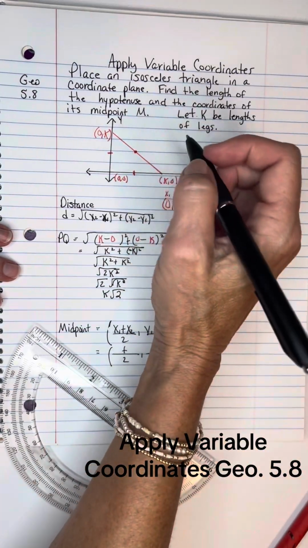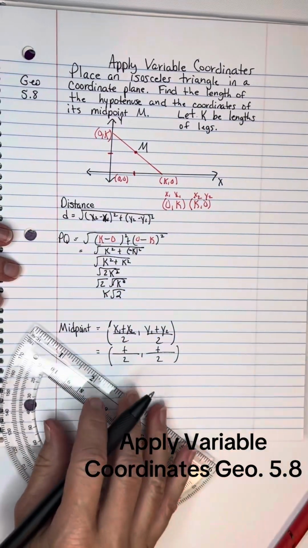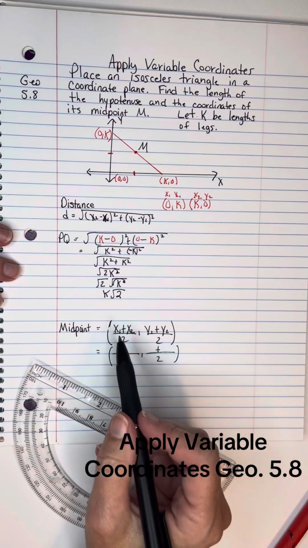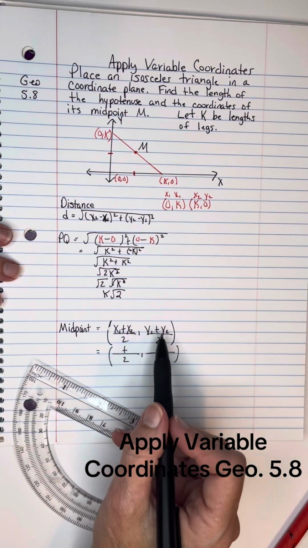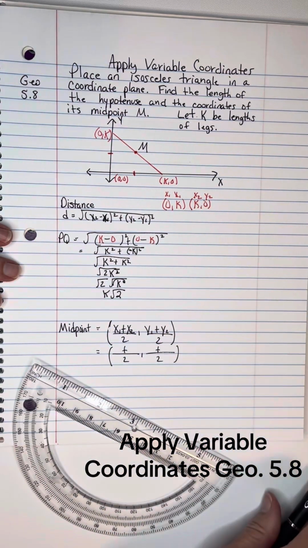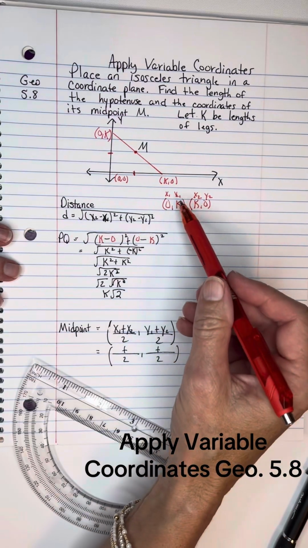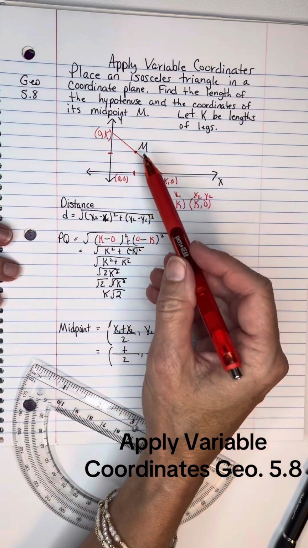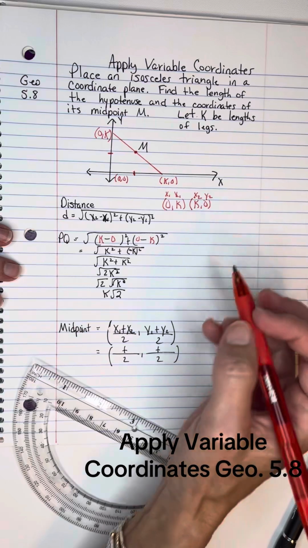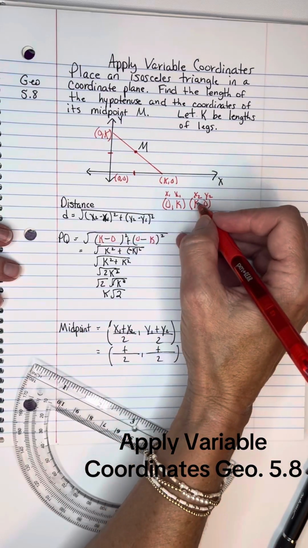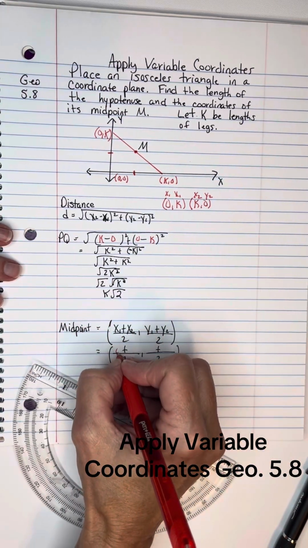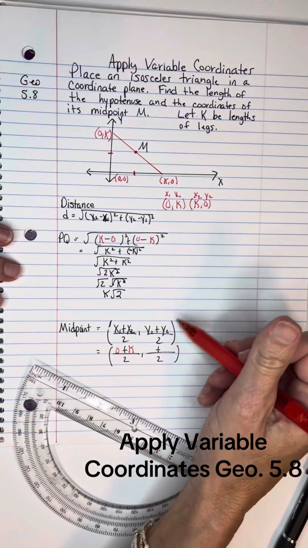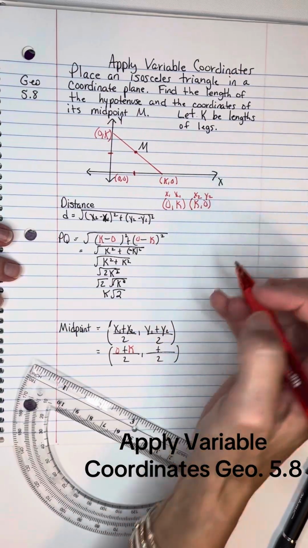Now let's find the middle and call it M. Your midpoint formula is add the x's divided by 2, add the y's divided by 2. And we're still using these same points here for the midpoint. So the x's are 0 and K, and the y's are K and 0.